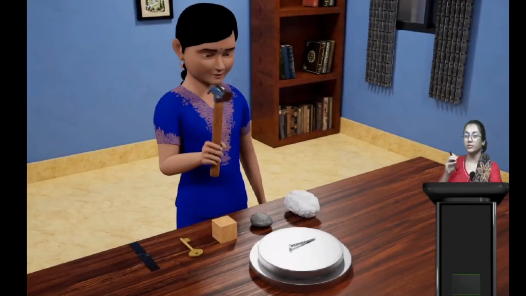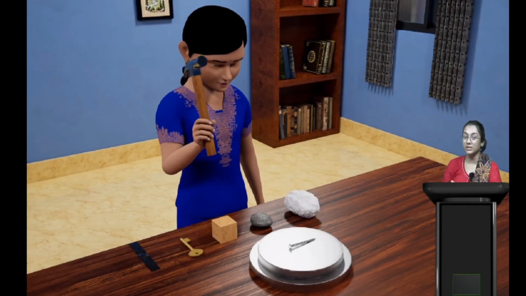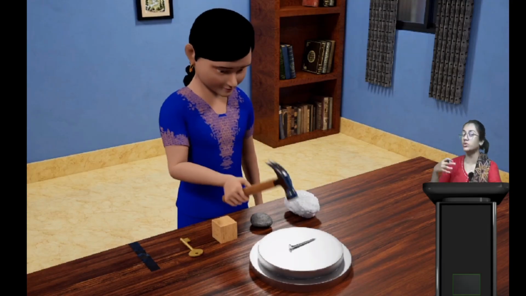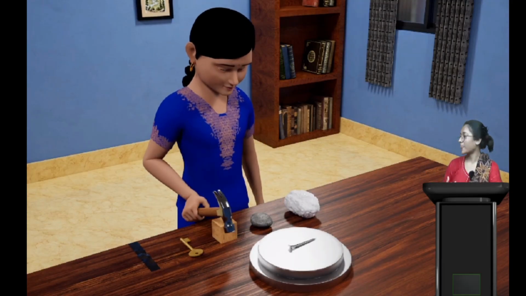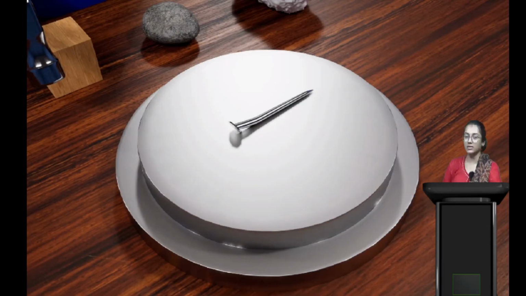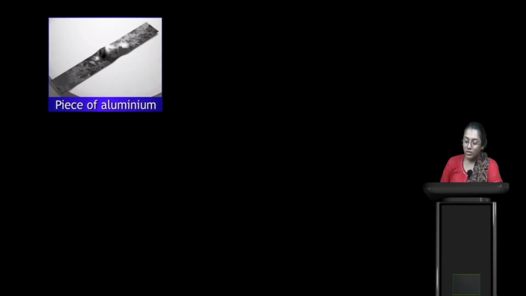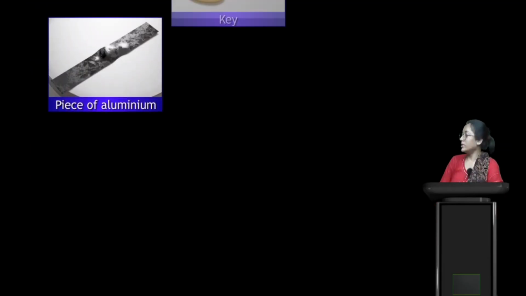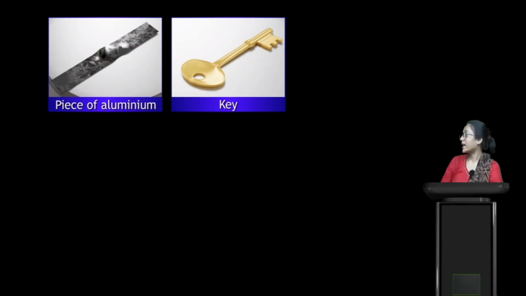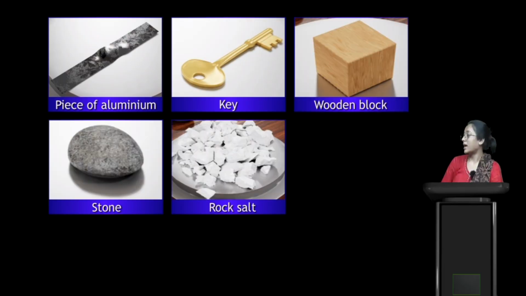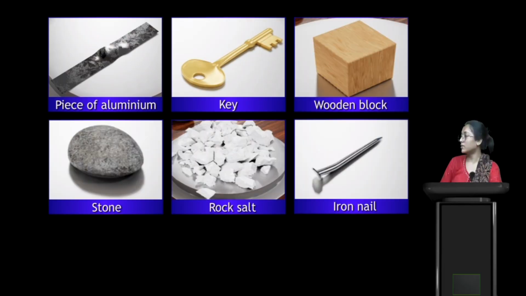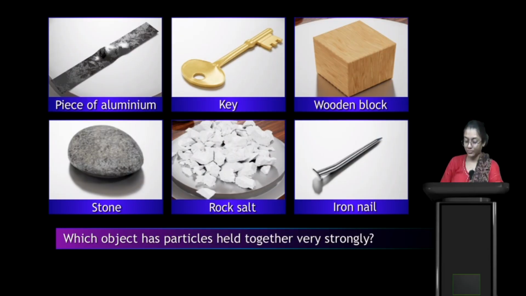It became smaller in pieces, right? It broke down into smaller pieces. And there is this last, the iron nail. So all these things, the piece of aluminium, the key, the wooden block, the stone, after that the rock salt, and the iron nail, all of these are solid, isn't it?